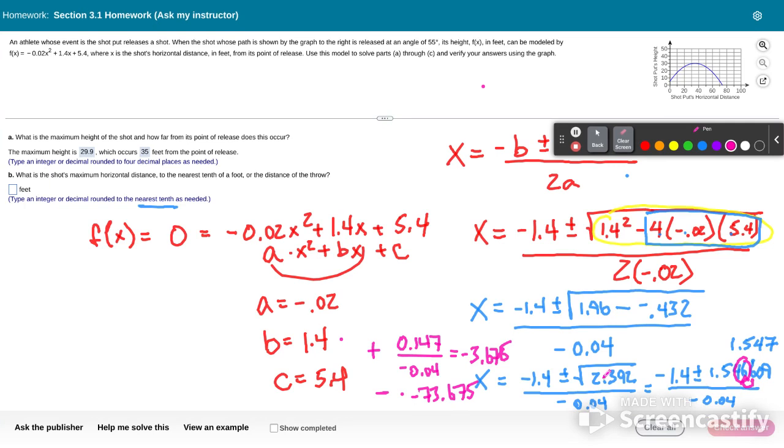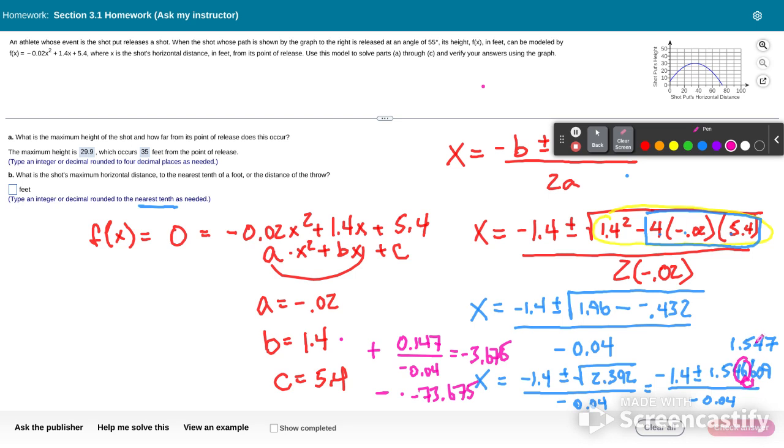So now let's try to make sense of this because I feel like something went awry. Remember, we're supposed to be finding out how far out this went. And what we just found out is that both times it went out is negative. So let's check my work real quickly. On this one, we did negative 1.4 minus that.